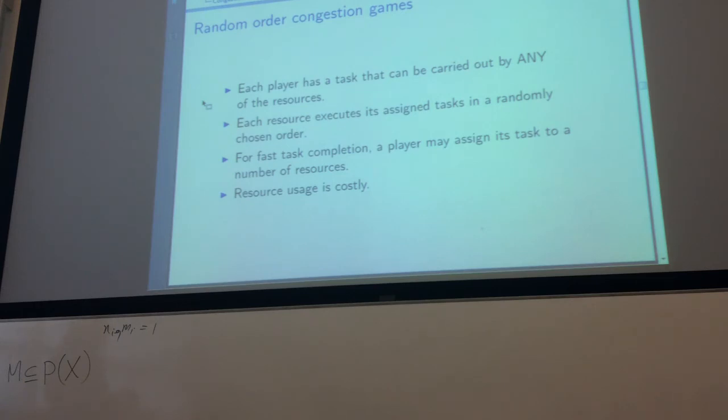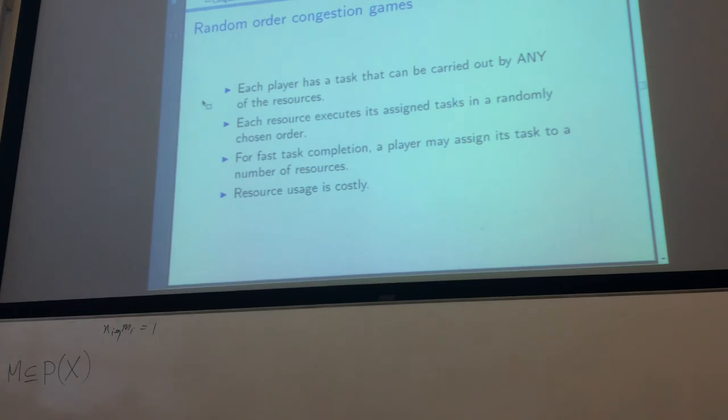Then, again, given that your task may be first or last at each machine, you might want to submit your tasks to several machines so that you would increase the chance to make it faster. Okay, at least one of them.